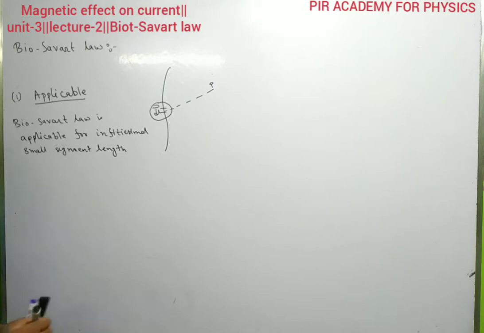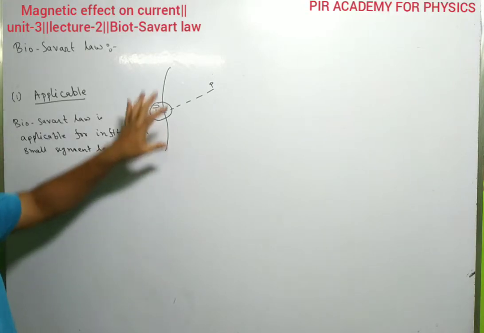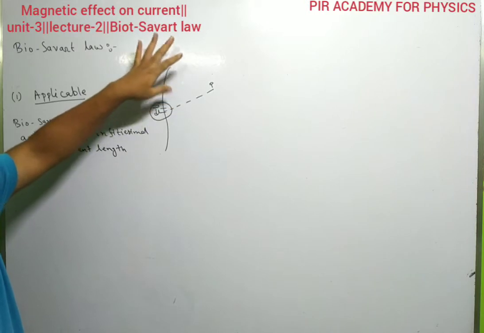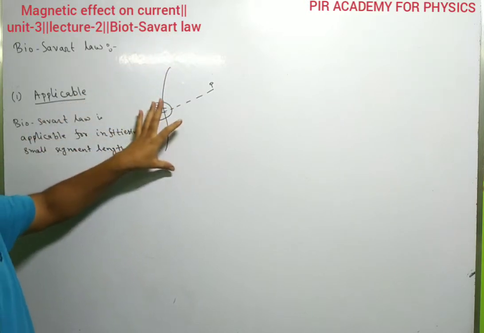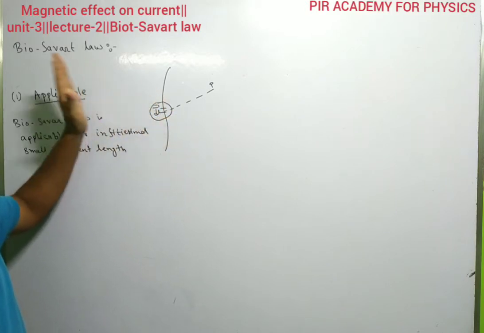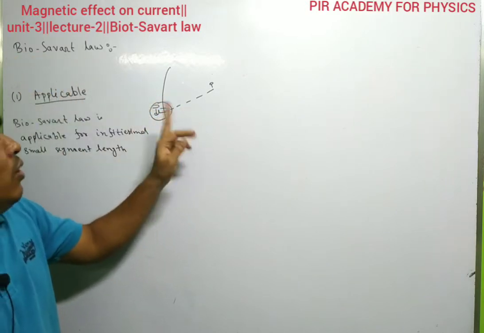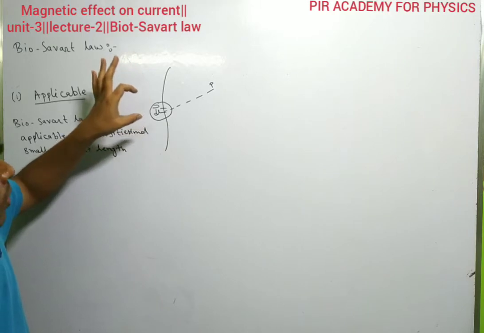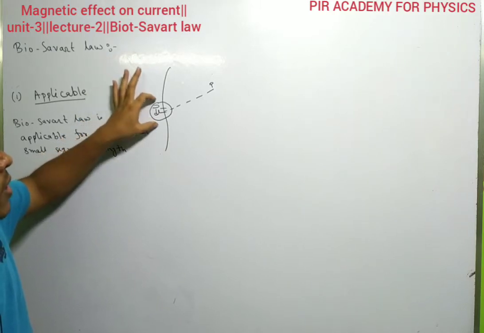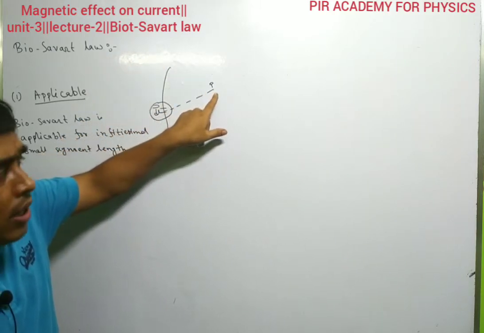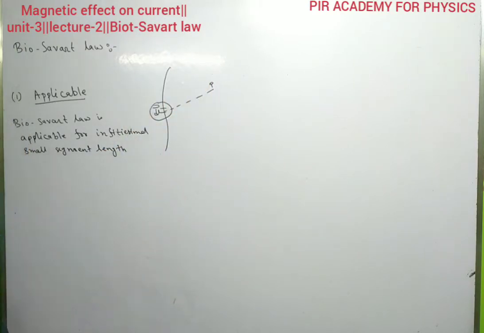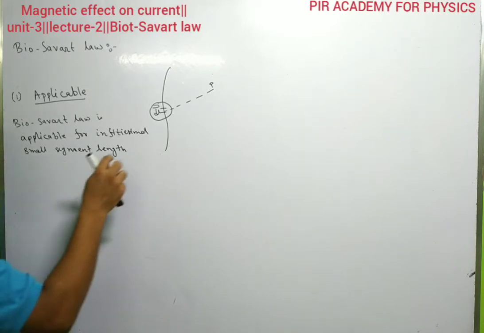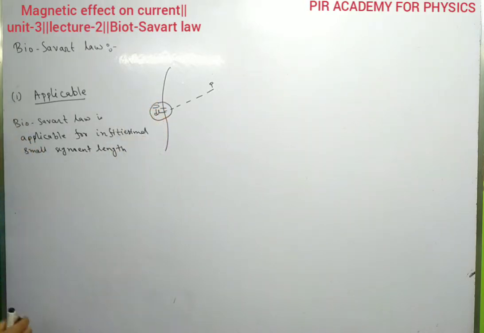So if you want to calculate the magnetic field due to the whole current carrying conductor, you cannot apply the Biot-Savart law directly. You use the elementary length, find the magnetic field at this point for the elementary length, and then you can use integration. So keep in mind that Biot-Savart law is applicable for this elementary length.